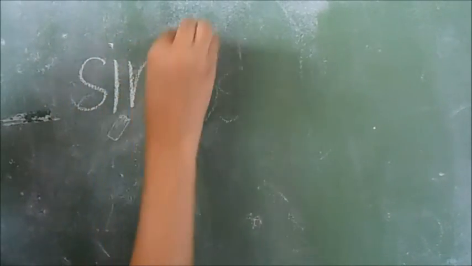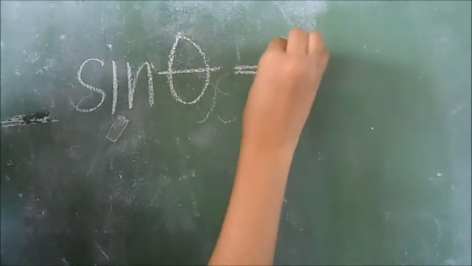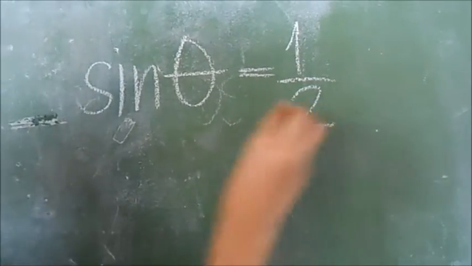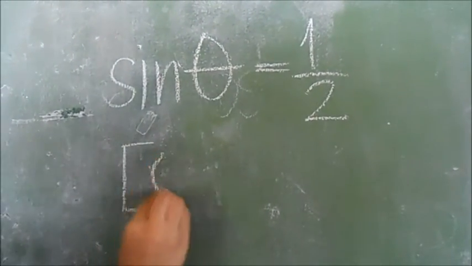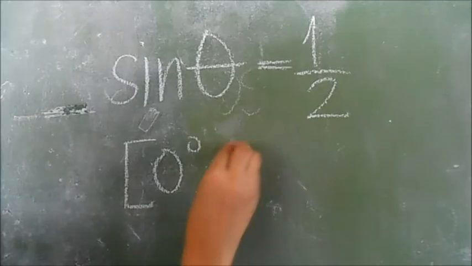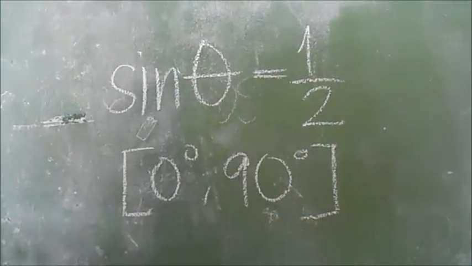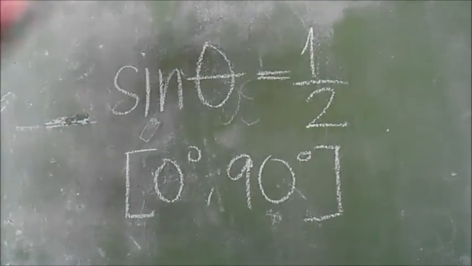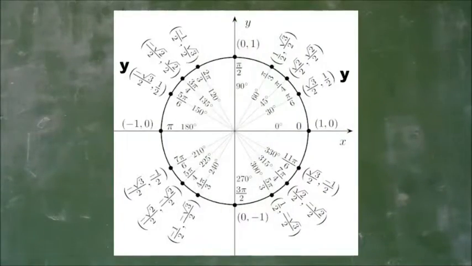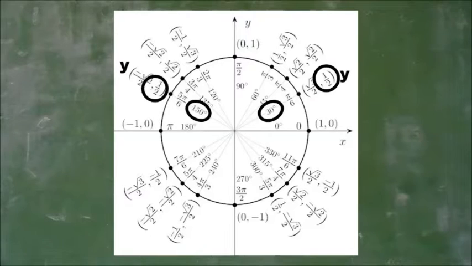But now let's say we need to find theta where sine theta is equal to 1/2, with the restriction between 0 degrees and 90 degrees. We need to find the angle needed instead of the value, and it should be between 0 and 90 degrees. In the unit circle, we need to find 1/2 as their y, which could be found with 30 degrees and 150 degrees.